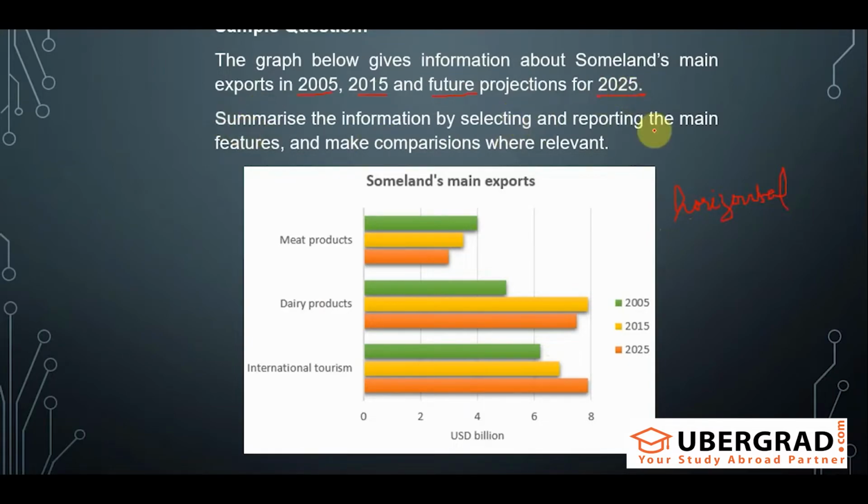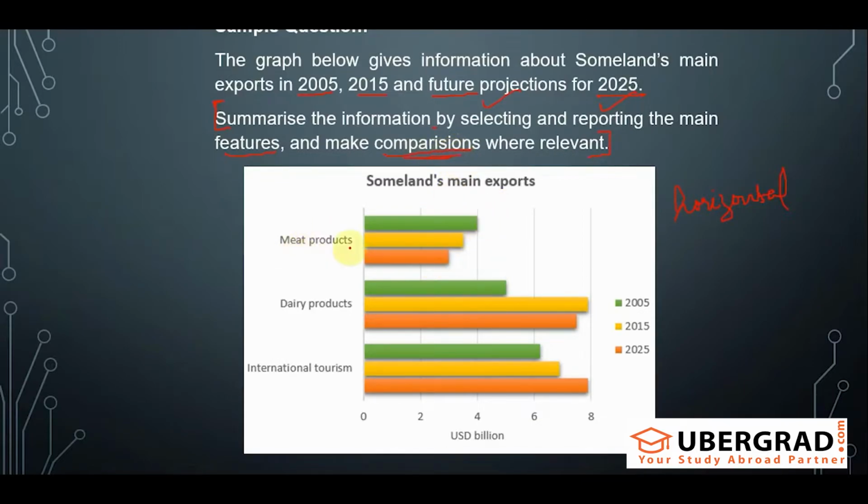Summarize the information by selecting and reporting. See, this is a common instruction for all the graph questions that you get. Summarize the information by selecting and reporting the main features and make comparisons where relevant. Or sometimes you get: write a report for a university lecturer by selecting and reporting the main features and make comparisons where relevant.